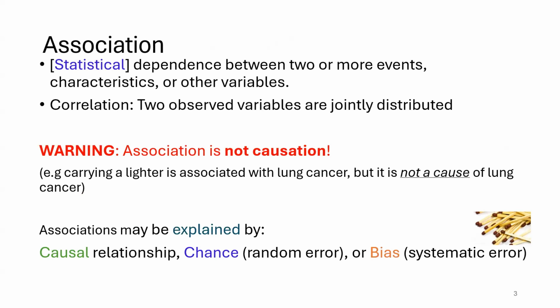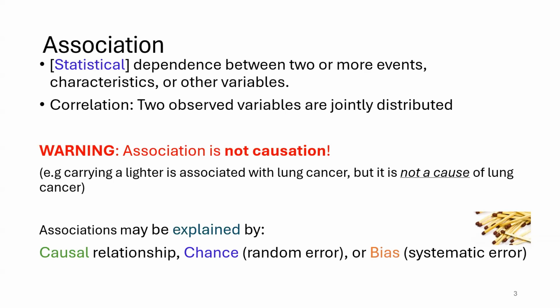It can also be referred to as a correlation, which just means that two factors you're observing are distributed in similar manners. And I want to caution you, and this is really important, that correlation and association aren't factors of causation. It just means that there's a relationship between two factors.